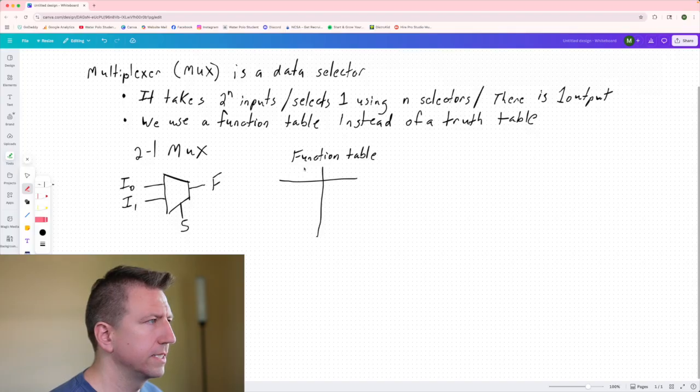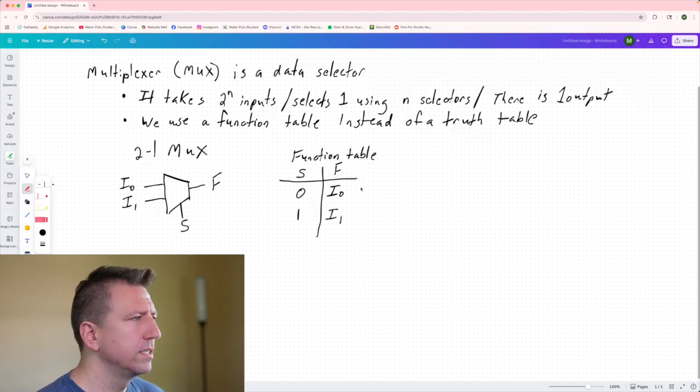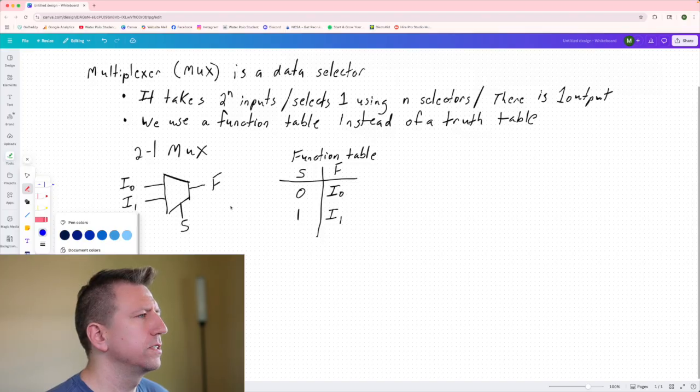In this case, on the selector, we can have a 0 or 1. If the selector is 0, then the output is input 0. And if the selector is 1, then the output is input 1. So here's where we see the difference: we don't have 1s and 0s here, we have I0 and I1.